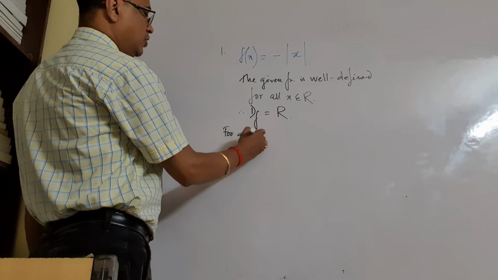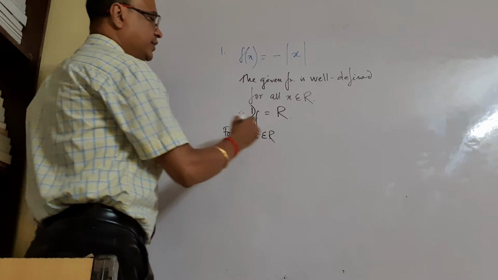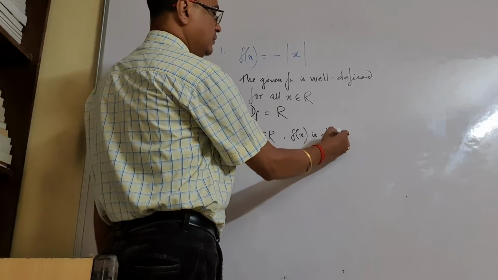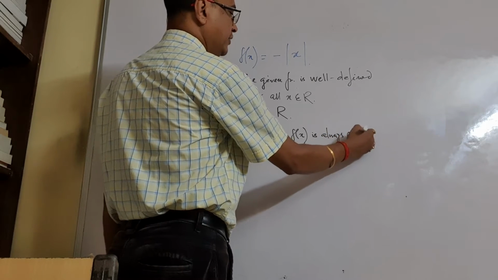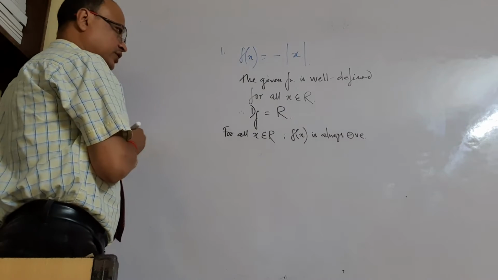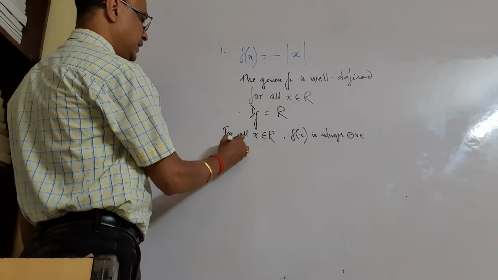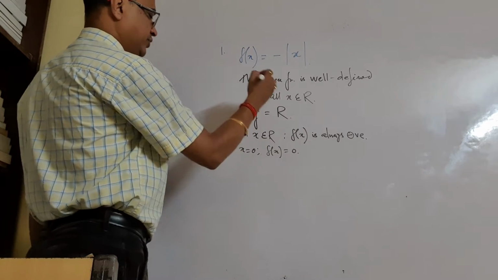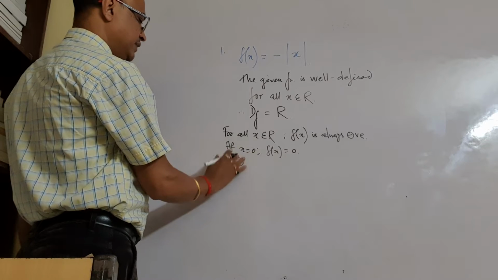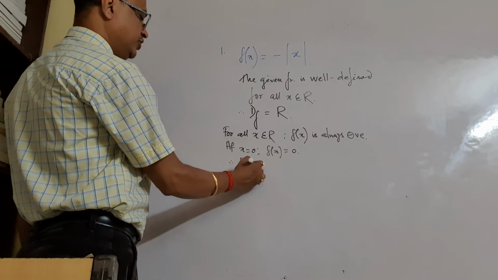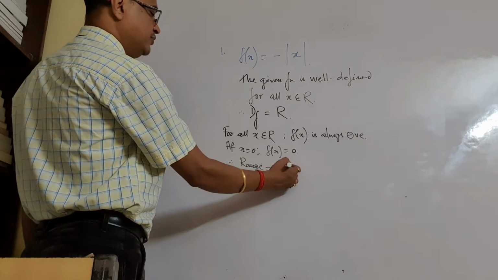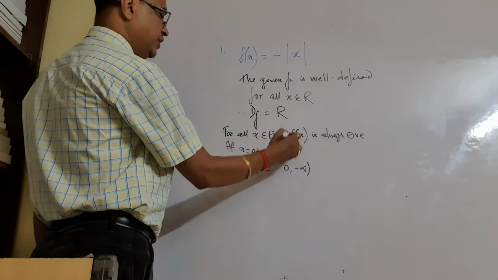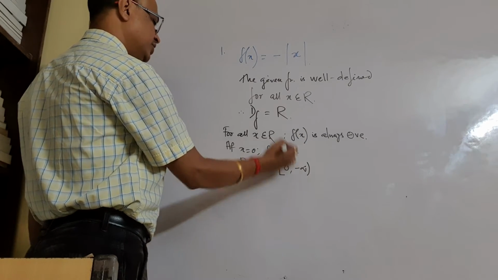For all x belongs to R, f of x is always negative. F of x means y. At x equal to 0, f of x will be equal to 0. Therefore, for the range, the least value will be 0 and it will go till minus infinity, an open interval, and 0 is included, so 0 is under the closed interval.